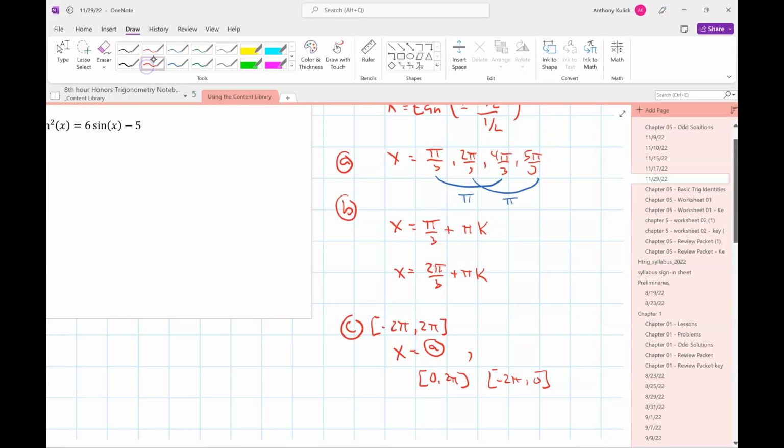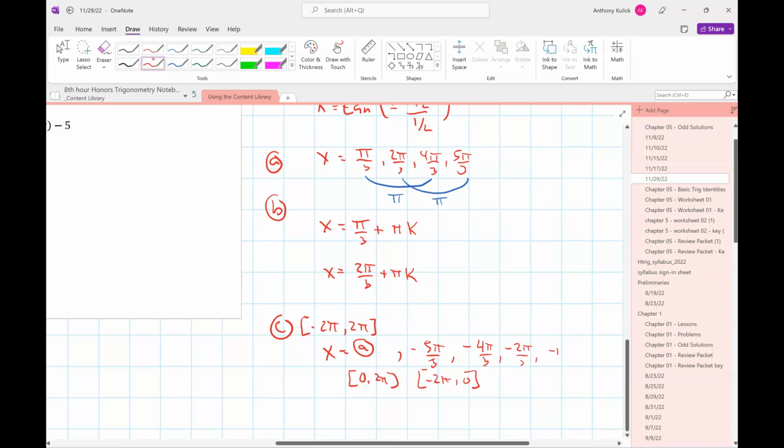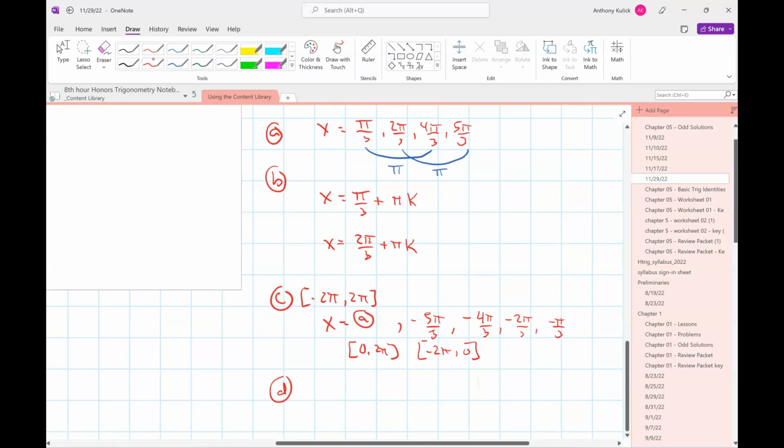So that's going to give me negative 5 pi over 3, and then negative 4 pi over 3, and then negative 2 pi over 3, and then negative 1 pi over 3. And if I subtract again, they're all going to be too small, right? Okay.